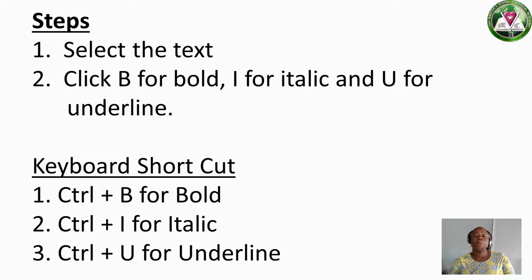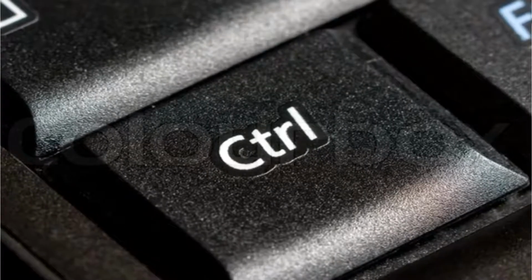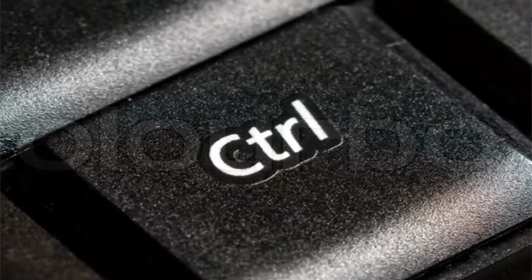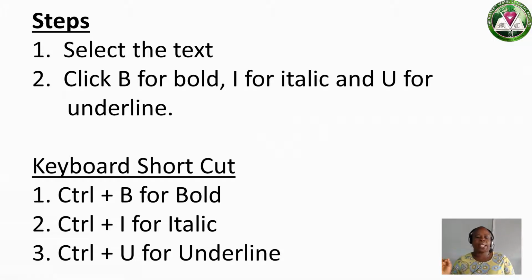Now the keyboard shortcut. Look down on your keyboard, and you will see a key printed CTRL. You can see the CTRL key on the left-hand side or the right-hand side. Remember, you must select or highlight the text.